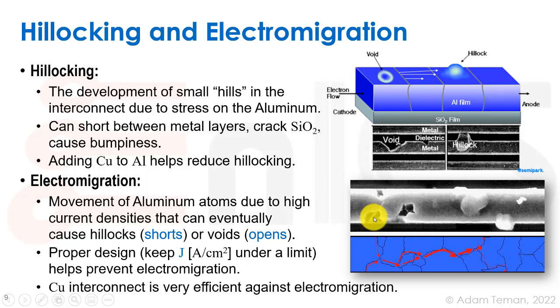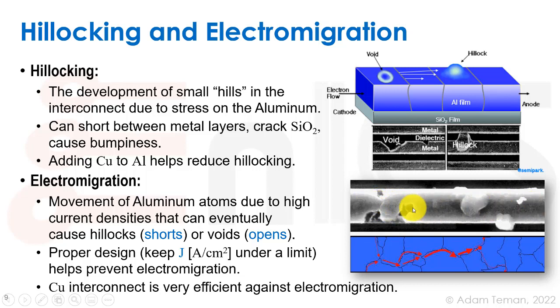This eventually will cause a break over here, which will increase the resistance and finally cause an open circuit or something like that. It can also move the material into the interlayer dielectric and cause a short. That's what we would call a hillock. So this is a real big problem, and what causes it is, again, when we have current flowing through a conductor for a long amount of time and a lot of current.